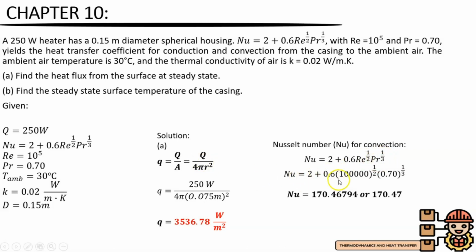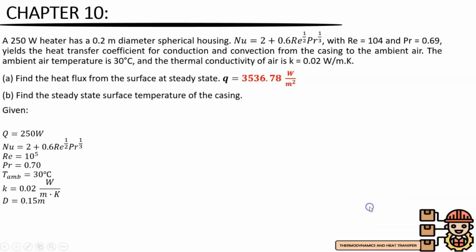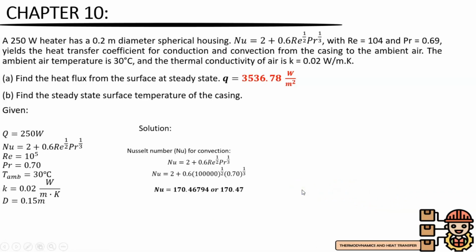By substituting the given values, we have 2 plus 0.6 times 100,000 raised to the power of 1/2 times 0.70 raised to the power of 1/3. So we have 170.46794, or 170.47.